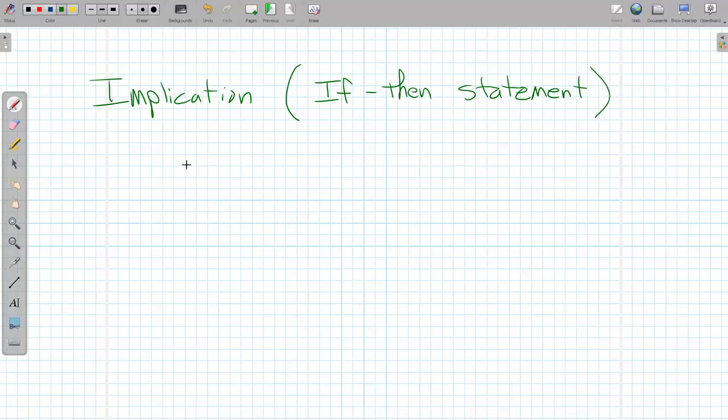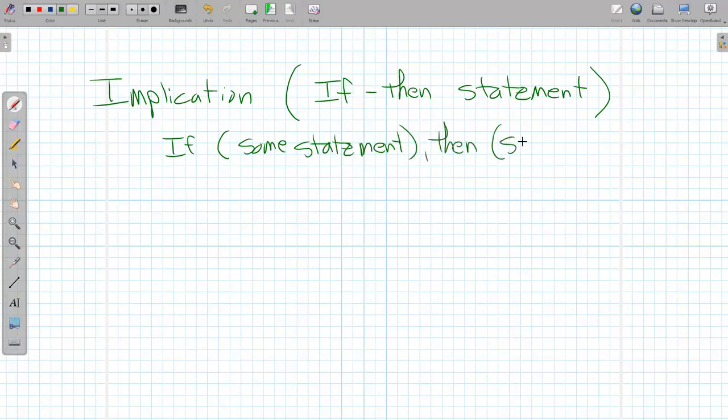And what an implication is, it's written in a few different ways. If we have some statement, comma, then we have some other statement.